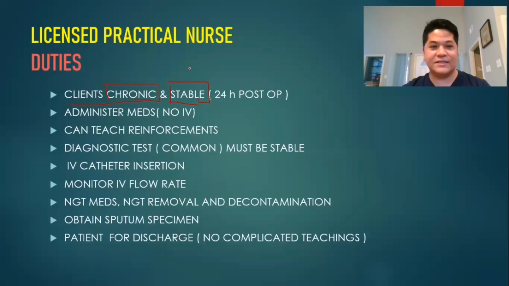So you cannot delegate those to the LPN, but you could delegate them to an RN, okay? If they are stable, you can delegate to the practical nurse. Also, you could delegate a client who is post-operative 24 hours if they are also stable, but an acute and unstable client, you need to delegate to another RN, okay?